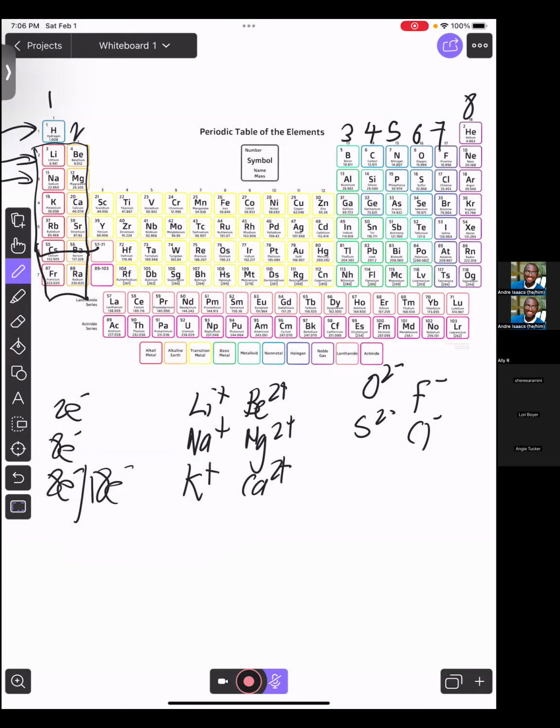But the ones in the middle, and even the ones to the far right, are typically going to make covalent bonds. They will interact with each other, and instead of giving up electrons, they will share them. In the last lecture, we talked about how the sharing works. Basically, you need to make as many bonds as you need electrons to get to 8.